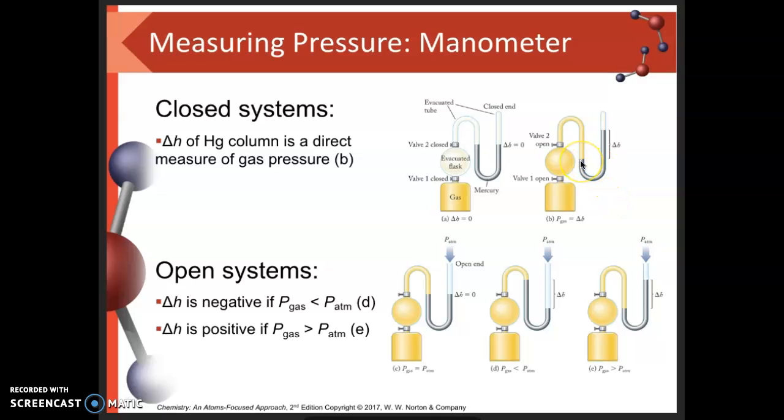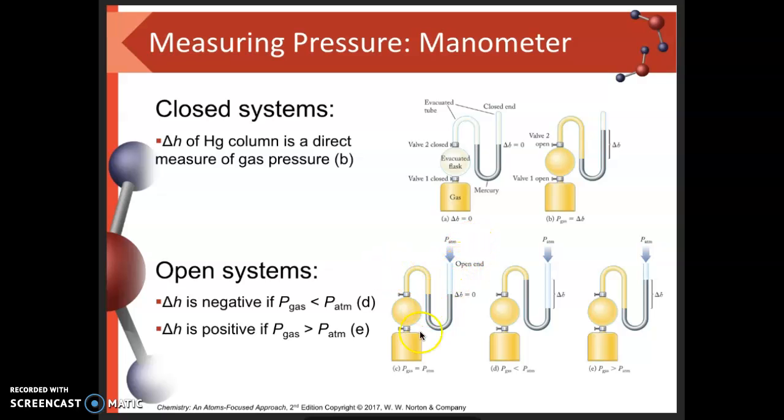Now that's a closed system. Closed systems are a little bit difficult to work with sometimes because, well, it's not exactly easy to get a completely evacuated tubing system like this. Far more common to use open systems.